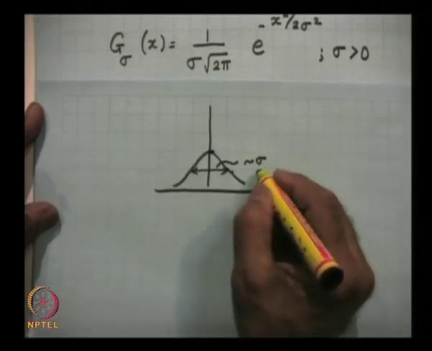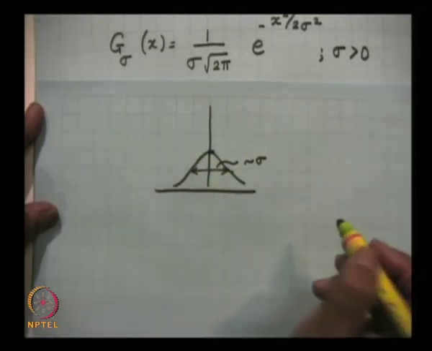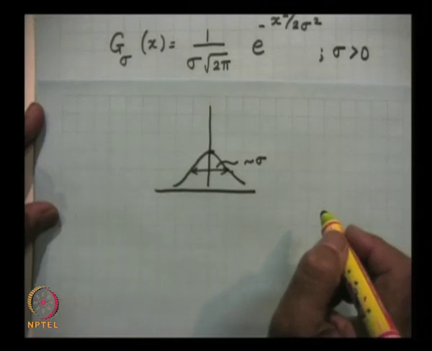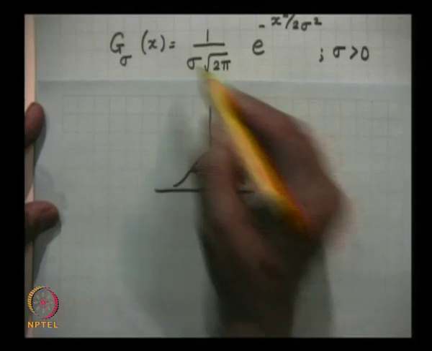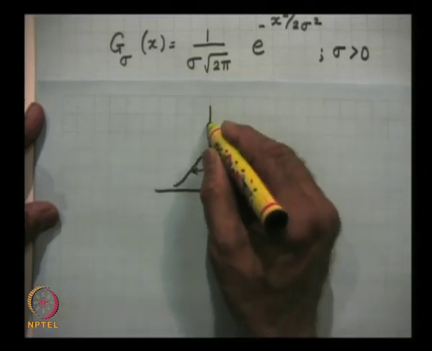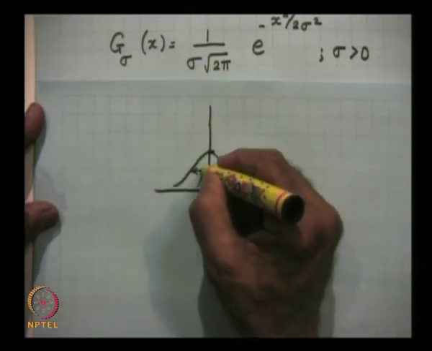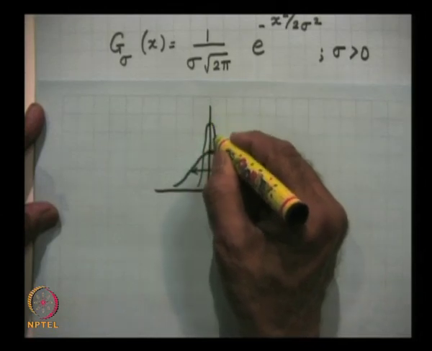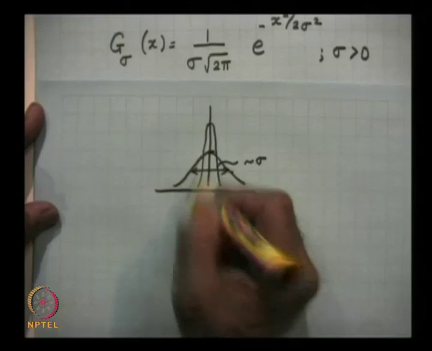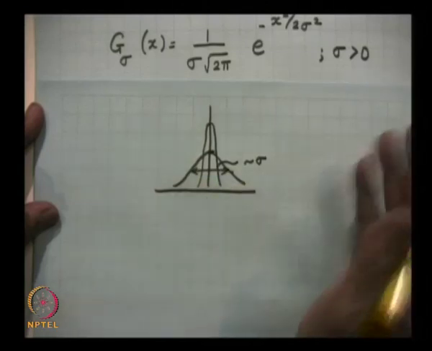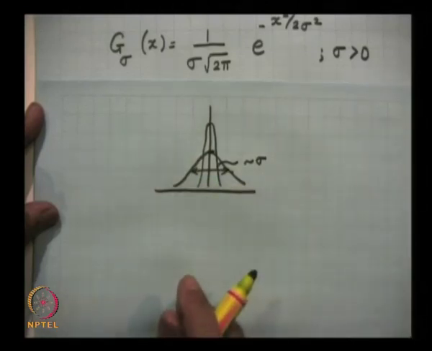Now, I have just shown the area under the curve to be unity. So, as I make sigma smaller, because of the factor of 1 over sigma, the value of the function at x equal to 0 becomes larger and larger, and the width becomes smaller and smaller, but the area under the curve remains unity.